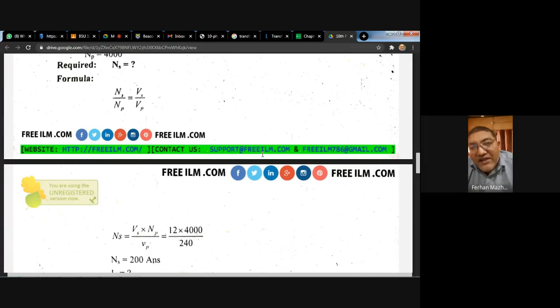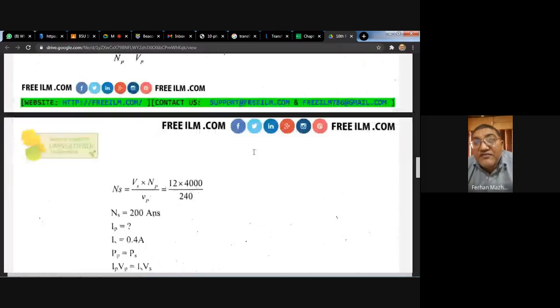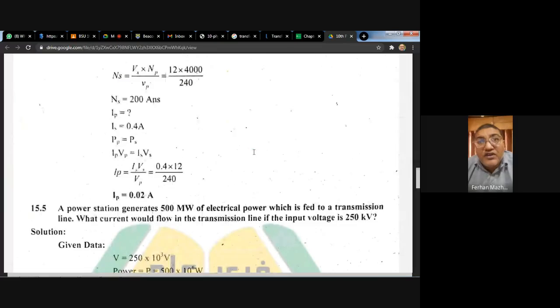So we will have VS multiply NP divided by VP. So just put the values: 12 multiply 4,000 divided by 240. And the final answer, when you do this on the calculator, will be 200. So the number of turns in the secondary is 200. That's the first part of the question.